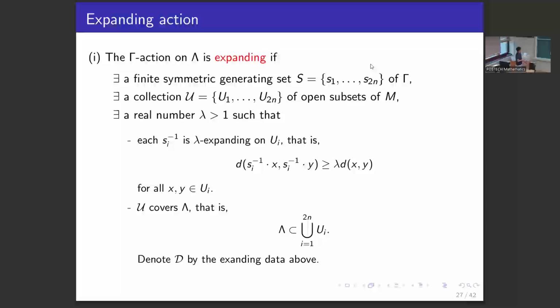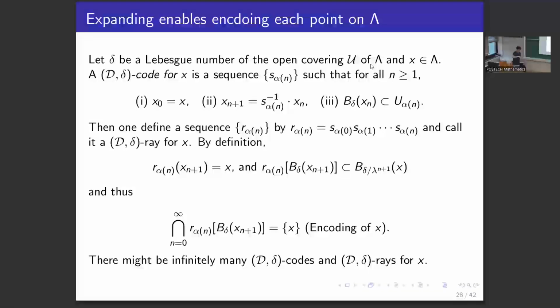So the delta ball around x is contained in some, say, U_1. Then U_1 is the expanding domain for S_1 inverse. So by using S_1 inverse, we move x to another point by the action of S_1 inverse.